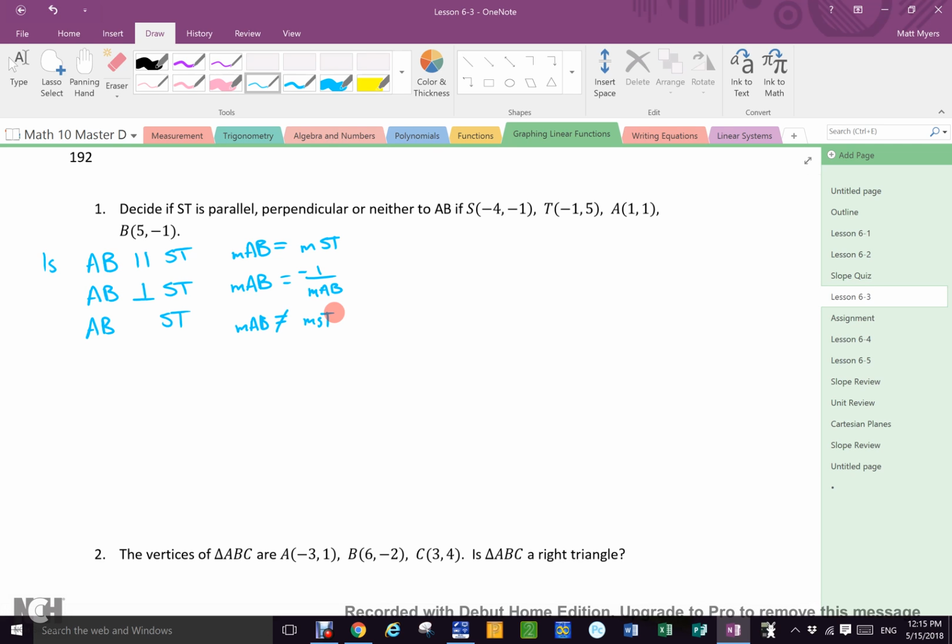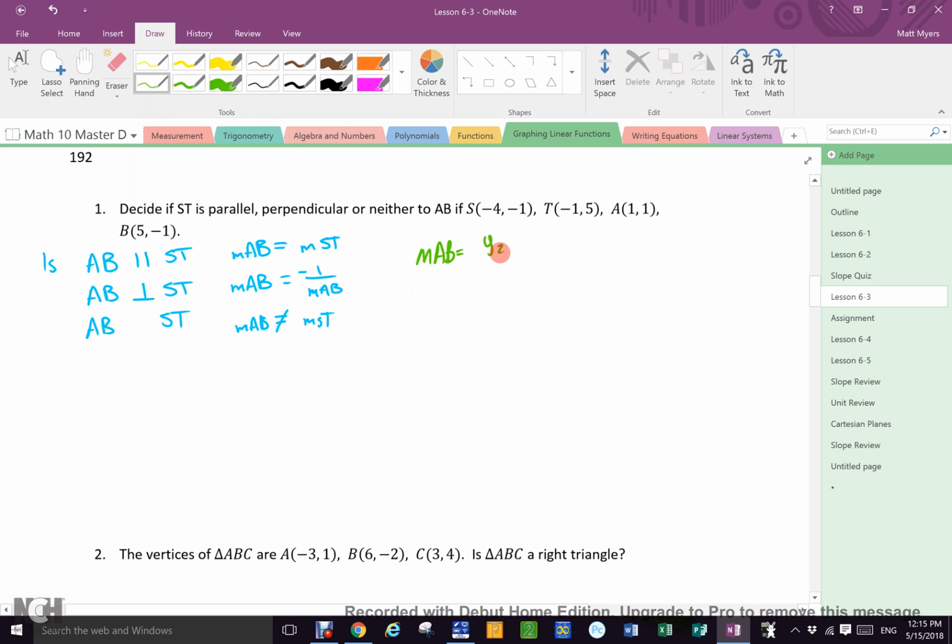So, what is my job here? Find the slope of what? ST and AB. How do I find slope when I don't have a graph? Algebra. y2 minus y1 over x2 minus x1. How many times am I going to need to do this? Twice. Once for AB and once for ST. What values do I use for AB?